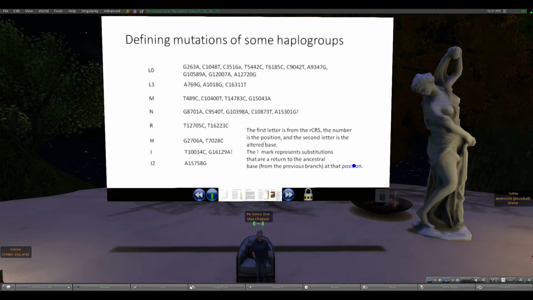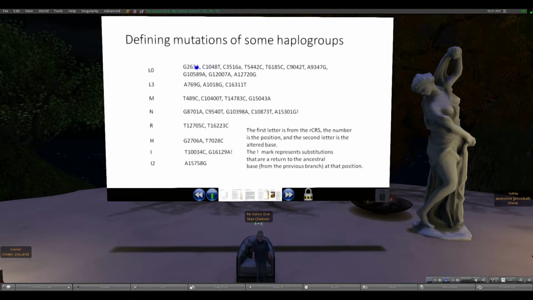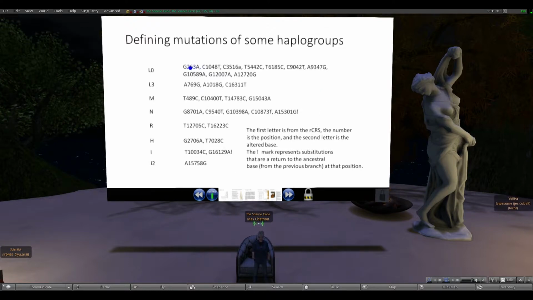So this is just an example of how the haplogroups are defined. What you have here is a letter and a number and another letter. The first letter is the base that's in the Cambridge reference sequence. The end letter is the base that's found in the haplogroup. That's the change in the haplogroup. And the number is which of the bases has been changed.